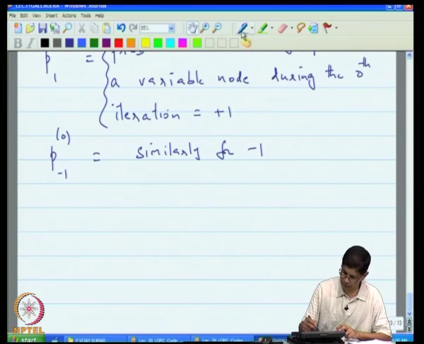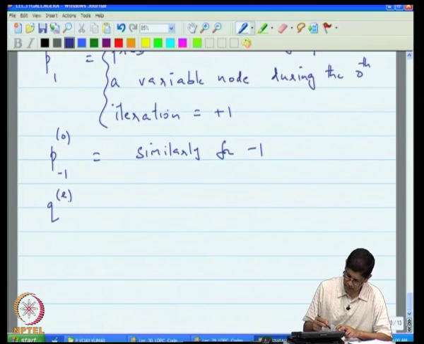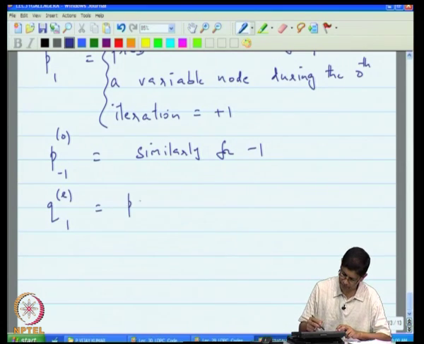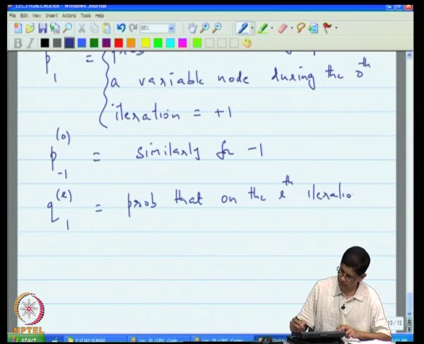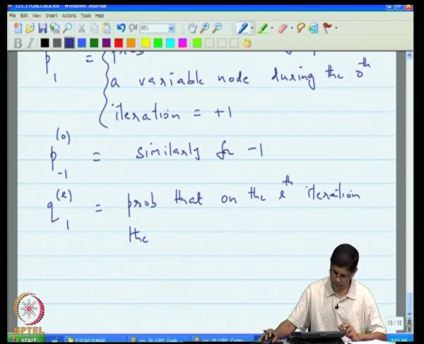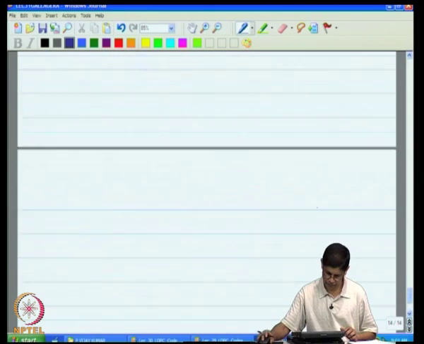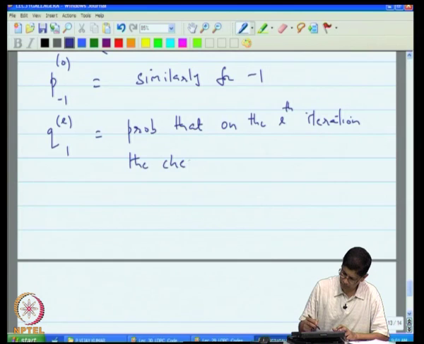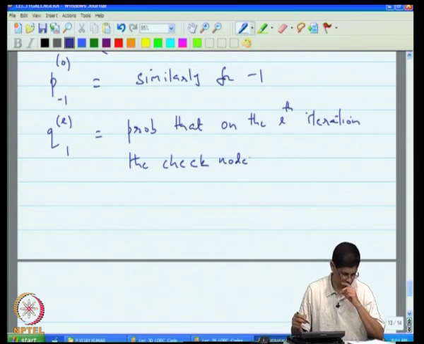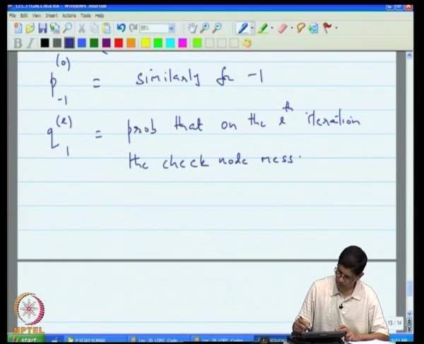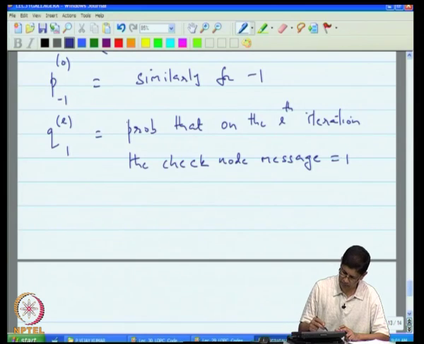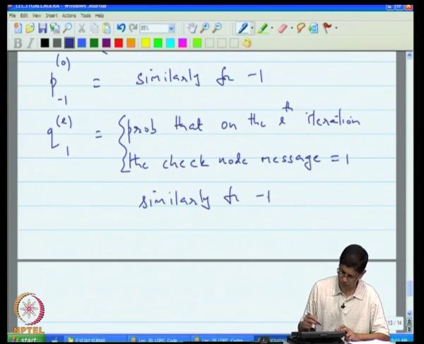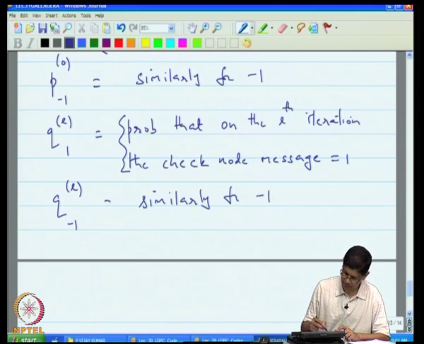And similarly, Q 1 of L is the probability that on the Lth iteration the check node message is equal to 1, and similarly for minus 1. Okay, so, you would have Q minus 1 of L.